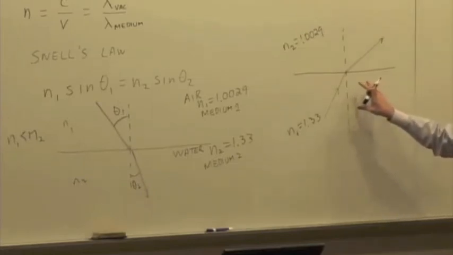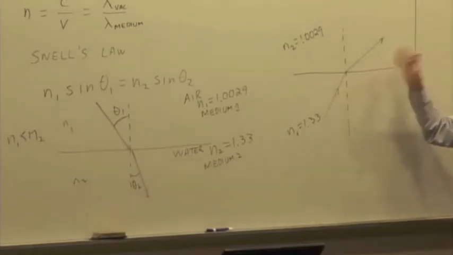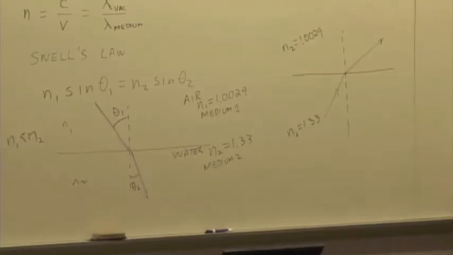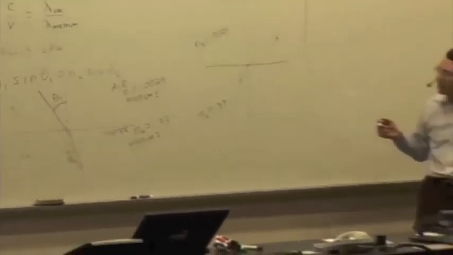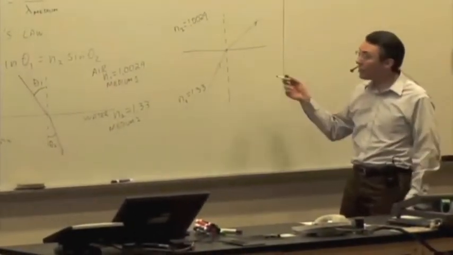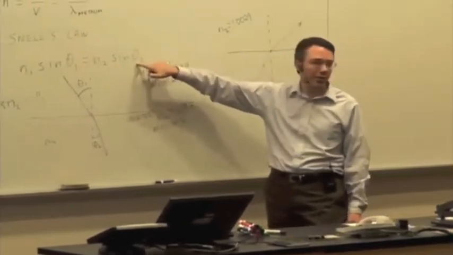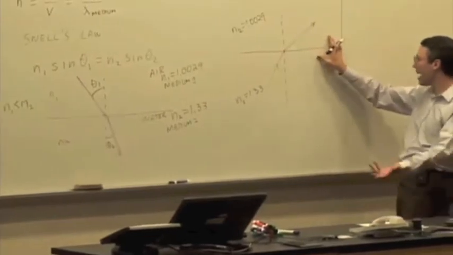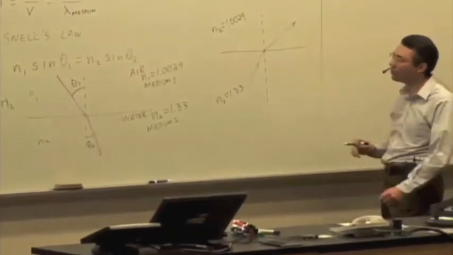It's not always going to be the case that you have refraction, and if you reach some critical point, you're going to have total internal reflection. How do we calculate that critical point? What's the condition? In other words, theta 2 is equal to 90 degrees. That's the maximum amount of refraction away you can have, and anything beyond that is total internal reflection.